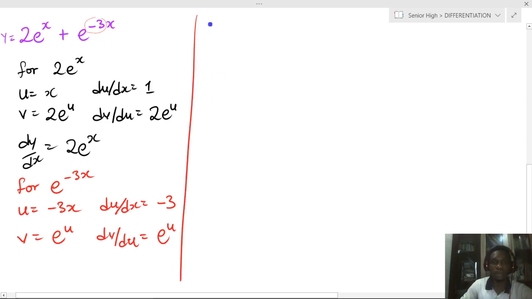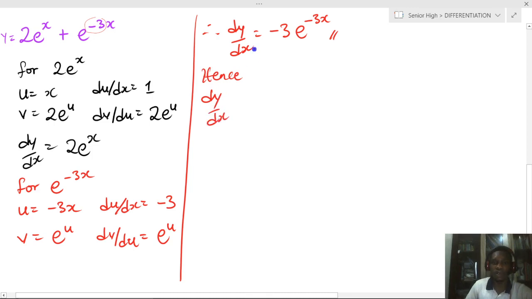Therefore we know that dy/dx will be multiplying these two together. What do we have? Minus 3 exponential, what's our u? Our u is minus 3x, right? Minus 3x. So we can answer that.